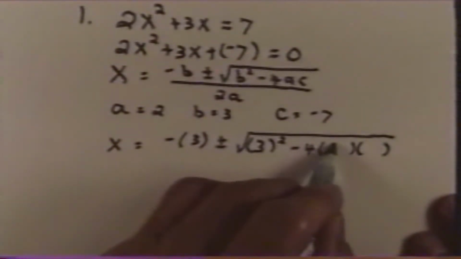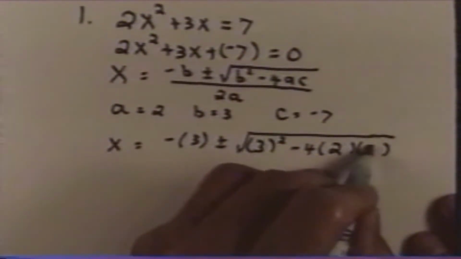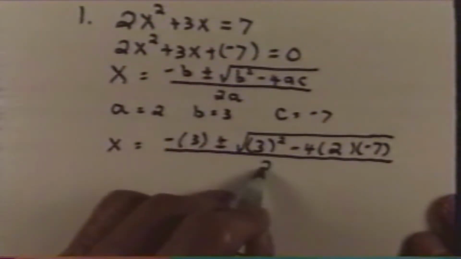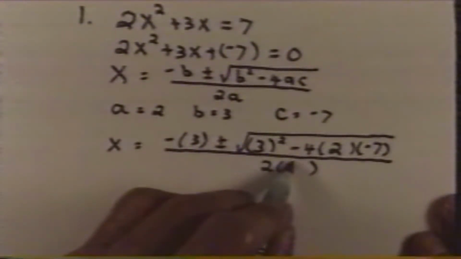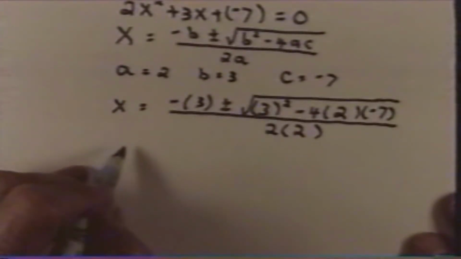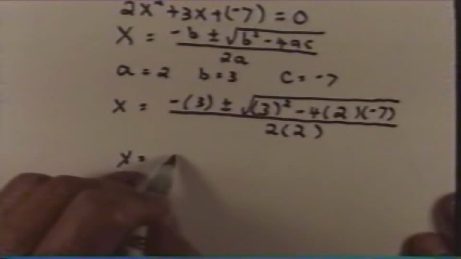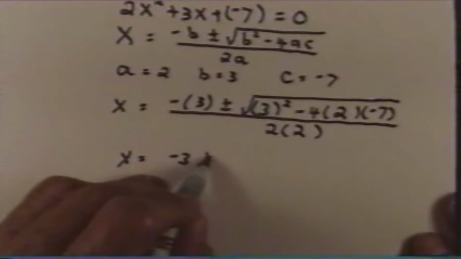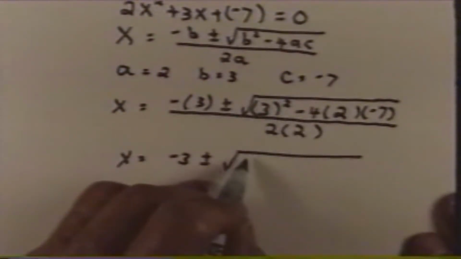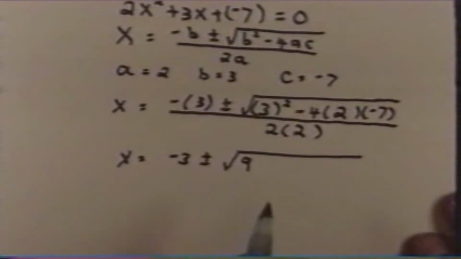A is 2, C is negative 7, all over 2A, which will be 2 times 2. So I get x is negative 3 plus or minus the square root of 9.